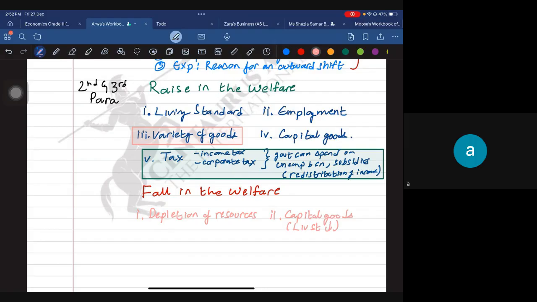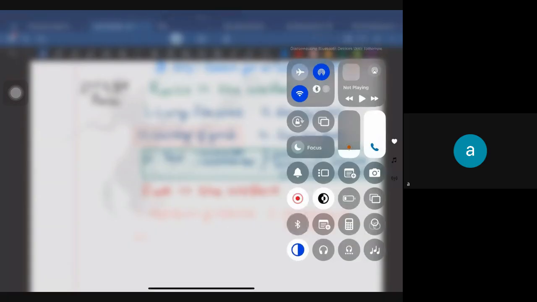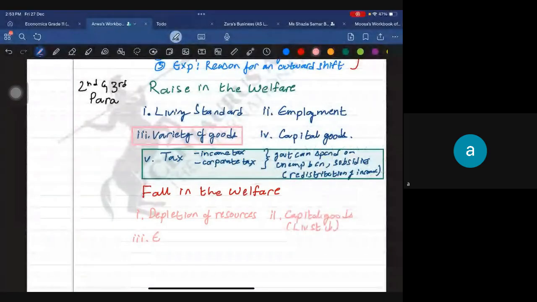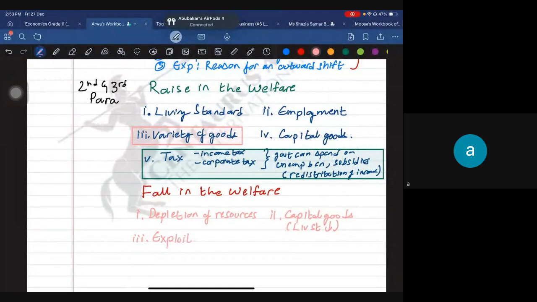I've seen that when an industry tries to increase production, it has to cut other costs to spend money on raw materials, so they might even pay lower than the minimum wage. So to produce, there is exploitation. Yes, exploitation of employees.